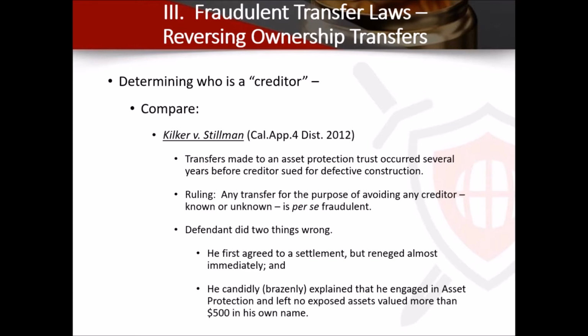But because Stillman went in and was very cocky with the court, he said, "There's just nothing to get. You guys are out of line. I'm not gonna cooperate." He actually entered into a settlement agreement and then reneged on it, which the courts just hate. And the courts basically said, no, we're going to ignore the statute and we're going to ignore the trust, and you owe the money.